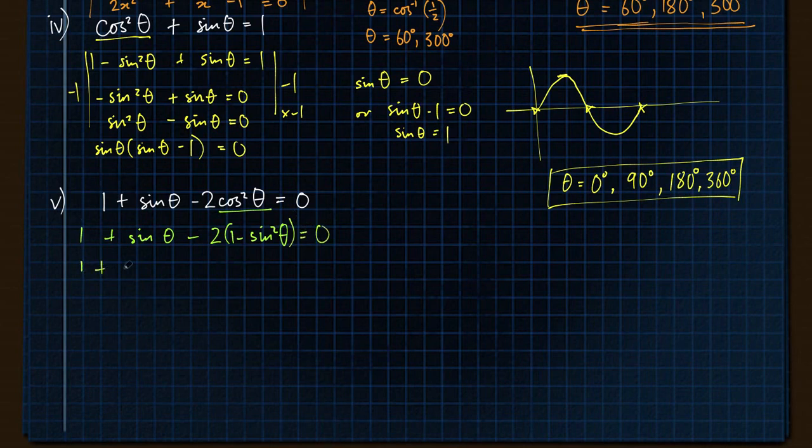Expand the brackets: 1 plus sine theta minus 2 times minus sine squared theta is plus 2 sine squared theta equals 0. Writing it out in the expected order, that's 2 sine squared theta plus sine theta, 1 minus 2 is minus 1, equals 0.